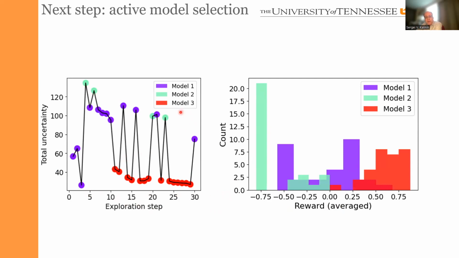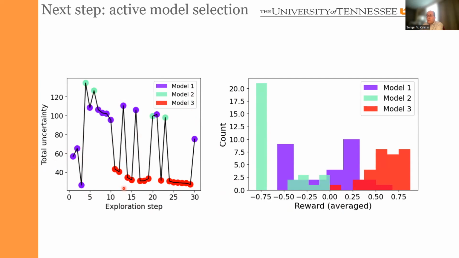So imagine that the right model is model number 3. However, by chance, the algorithm started with model number 1, and it ran it several times in the active learning, and it got some idea about the total uncertainty. Then we use the epsilon greedy approach.